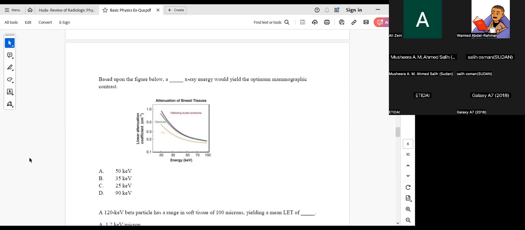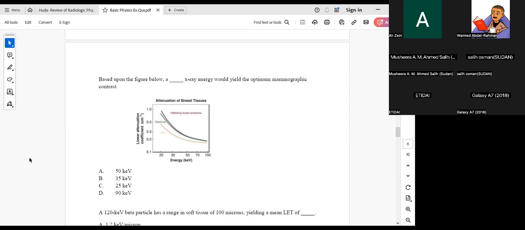Based upon the figure below, which X-ray energy would yield the optimal mammographic contrast? This is not really the physics, it's more related to the equipment. In mammography, we want something around 20 to 25 keV.